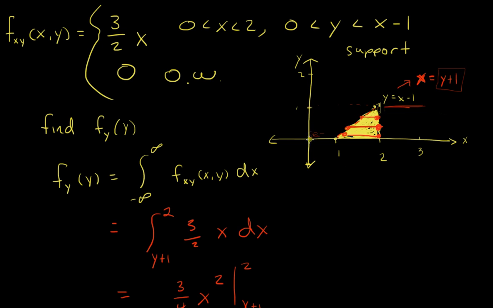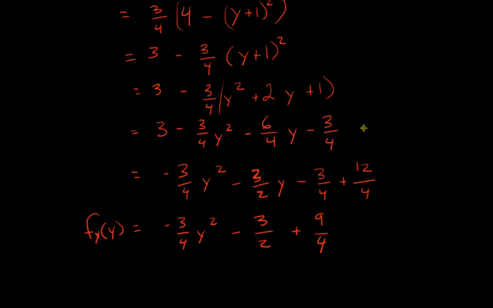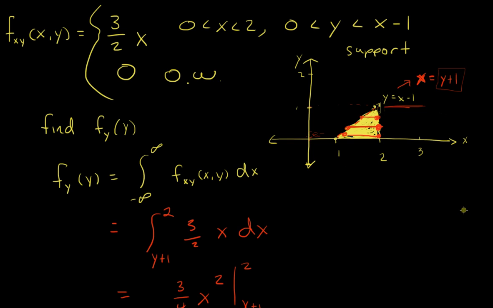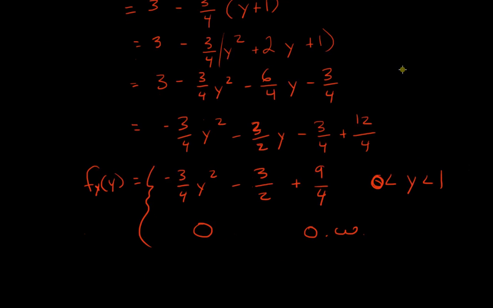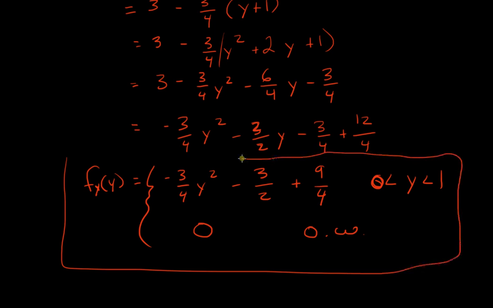So it looks like y is going to go from 0 to 1, and it is 0 otherwise. Another way you could think about this is if x was at most 2, then when you do 2 minus 1, you get y is between 0 and 1. So that's my marginal distribution for y, and I have that funky support.